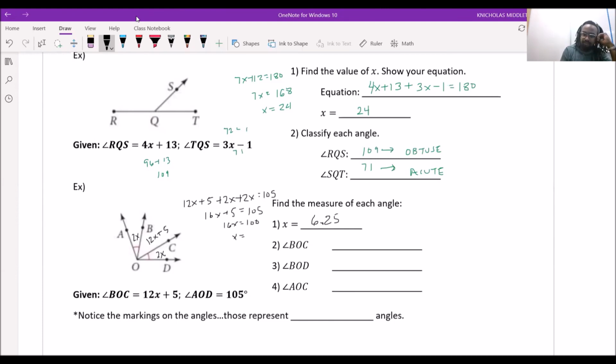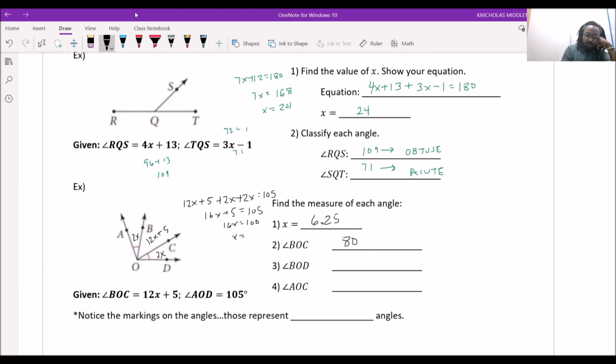Now I can say angle BOC is what happens when I plug that in. 12 times 6.25 is 75, plus 5, gives me 80. So BOC is 80 degrees. For BOD, I'm going to plug that in.